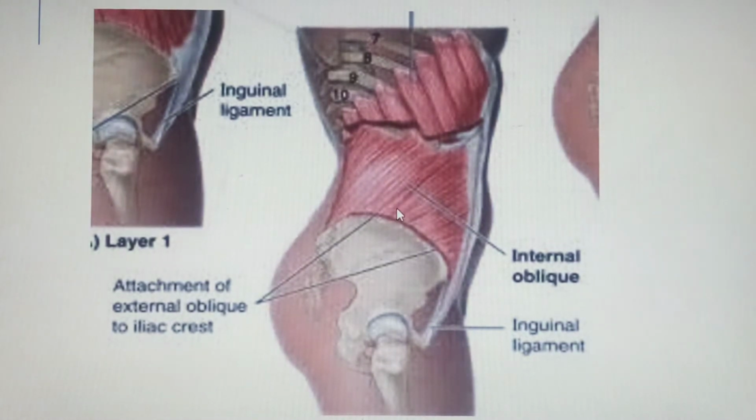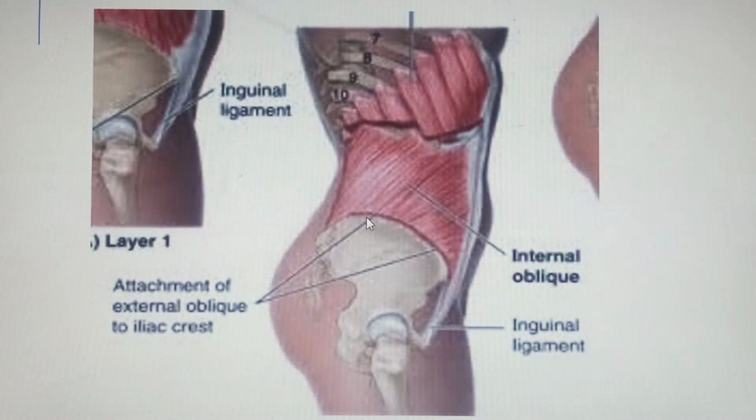Remember that unlike the external oblique muscle, which runs inferomedially, the internal oblique runs superomedially, running superiorly and towards the midline of the body.